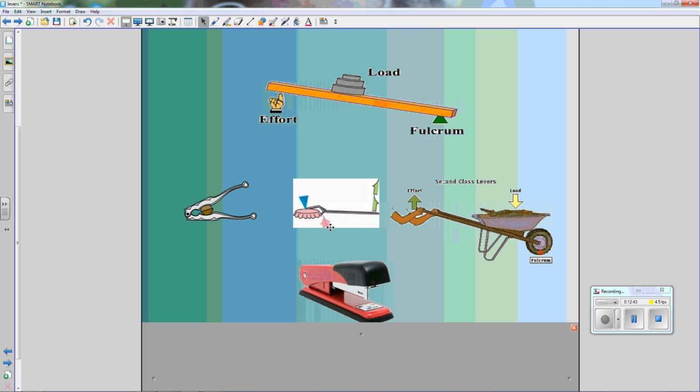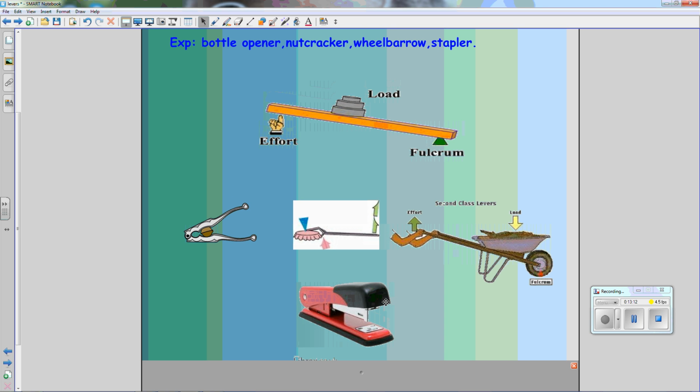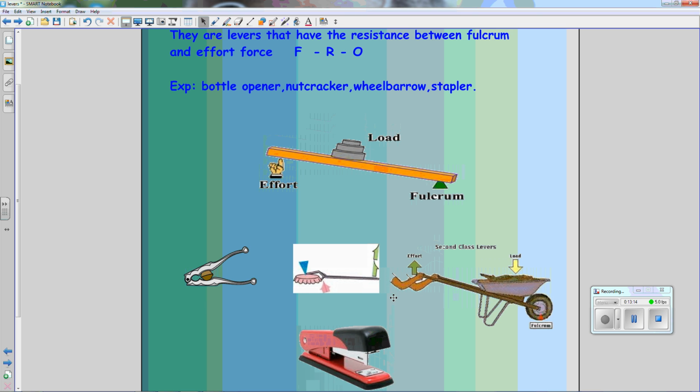The bottle opener: the resistance is here, then the effort force and the fulcrum. And this is the wheelbarrow. In the wheelbarrow, we have the load or the resistance in the middle between the fulcrum and the effort force. And this is the stapler. So these are examples of the second class levers.